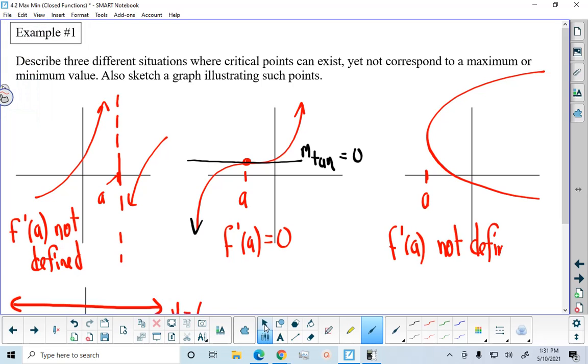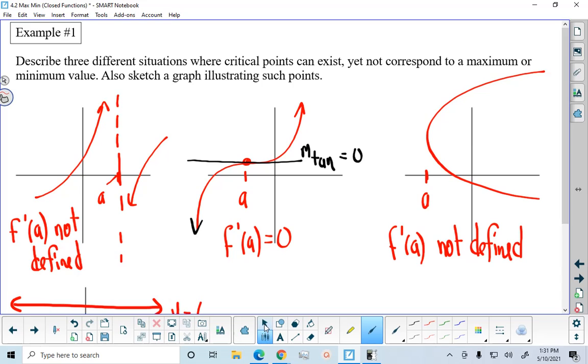Shiv, can you explain why the derivative is not defined there? And I'll give you another way to explain it.